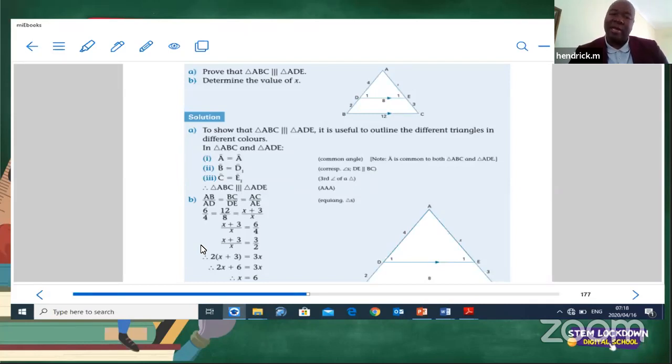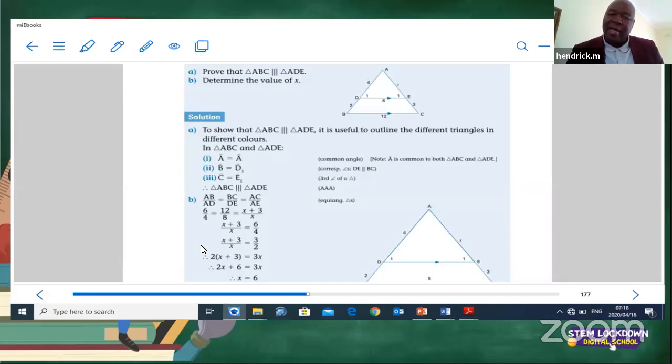And what does this mean? What do we mean when we say they're in proportion? It simply means that you have enlarged one of the triangles to get to the next triangle, or you have reduced one of the triangles to get to the next.